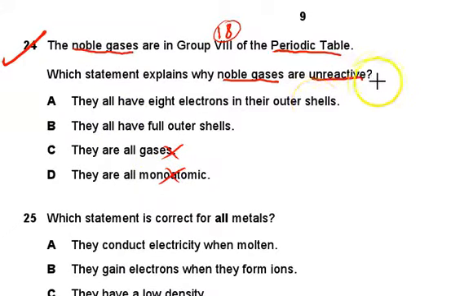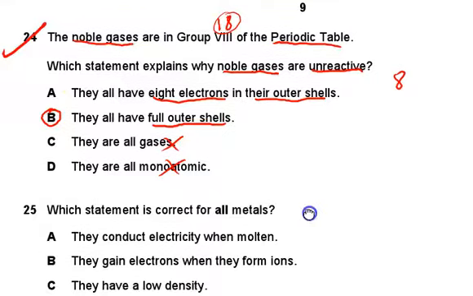It is because they have 8 valence electrons. They are stable. So your best answer here will be either A or B. If you look at them, they have a very close meaning. They all have 8 electrons in their outer shell. They all have full outer shells. So your best answer here will be B.